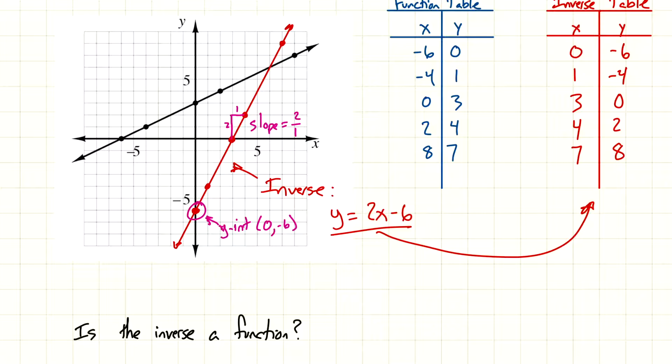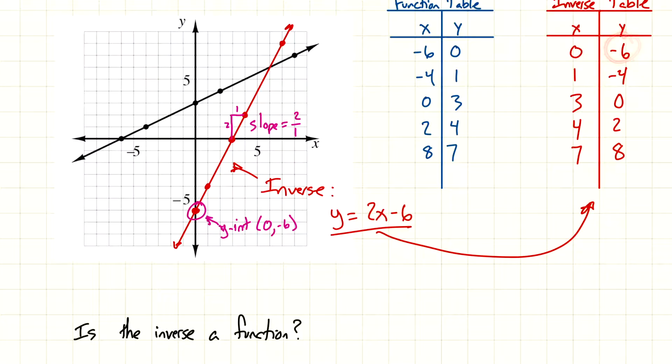Now, we are able to write an equation, but just because you have an equation doesn't mean it's a function. Remember, in order for it to be a function, every input has to give you exactly one output. Even if I look at the table, for all these inputs, do I have any outputs that repeat? When I plug in 6 or 0, I only get -6.